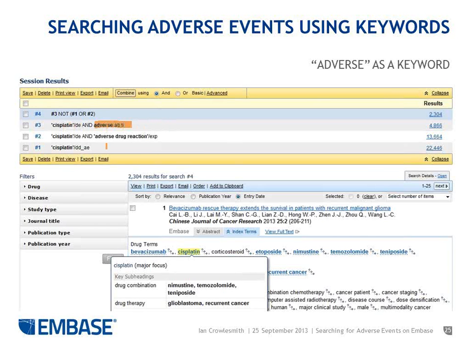And in searches number 1 and 2, I've looked at ways of doing this using either the subheading link, or in this case, exploding the entry term adverse drug reaction.